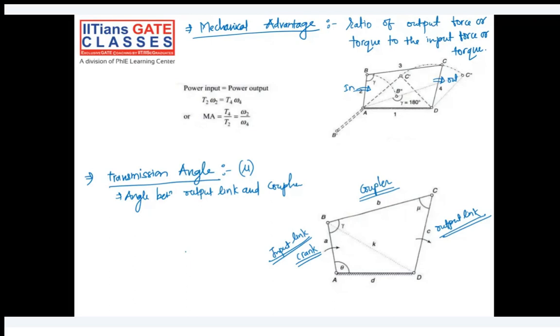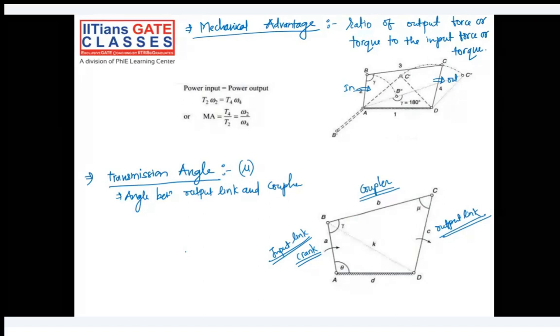Can you think of such situations for this particular diagram? So for this figure which I'm showing here, can you think of the cases where there is a chance of getting maximum transmission angle and minimum transmission angle?